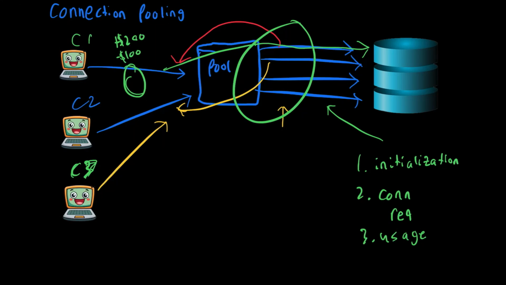Then after is the return. After this client is done using their connection in the pool, they simply return it to the pool and it's ready to use for a different client. Then the final thing, like I was saying, is the reuse. Once everything is done, we can reuse that exact same connection.